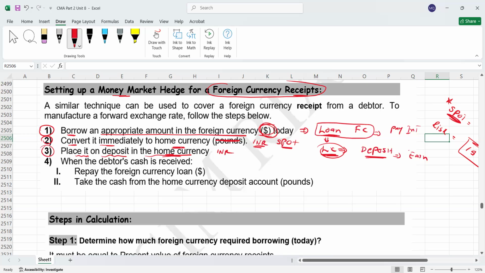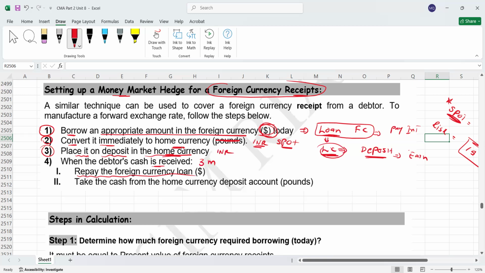Then, when the debtor's cash is received, in 3 months' time, once you get the receipts from the customer, without any conversion, because I receive dollars, I will repay the foreign currency loan.